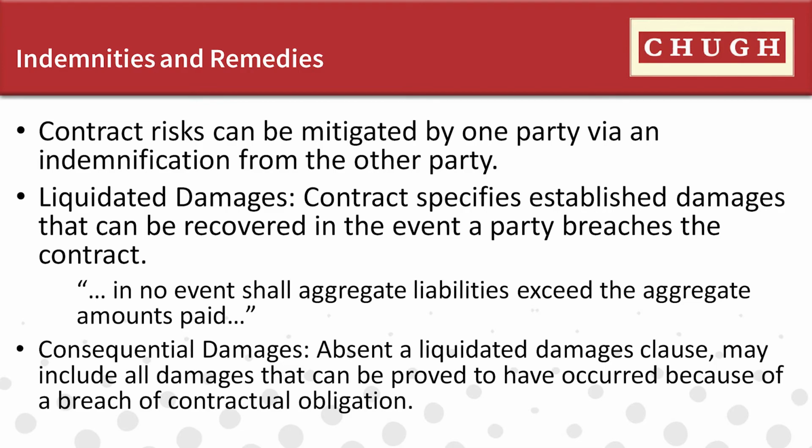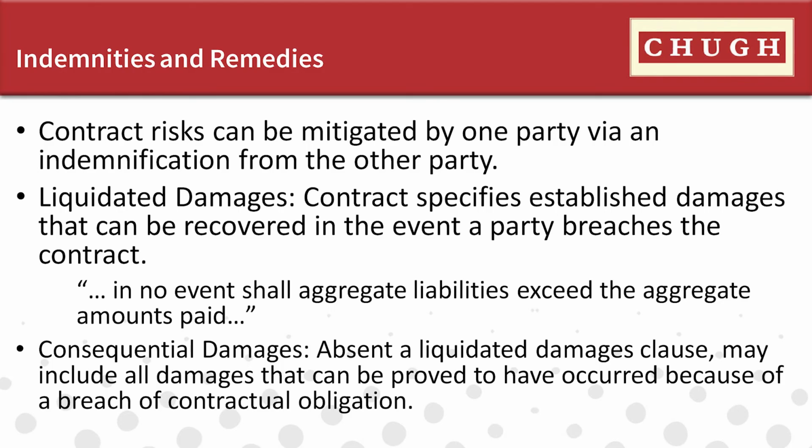There are different types of damages that could result from either a breach of contract or non-performance of the contract. There is liquidated damages. Liquidated damages are generally when a contract specifies an established amount that can be recovered if one of the parties breaches the contract or doesn't perform. It might say something along the lines of, in no event shall aggregate liabilities exceed the aggregate amounts paid.